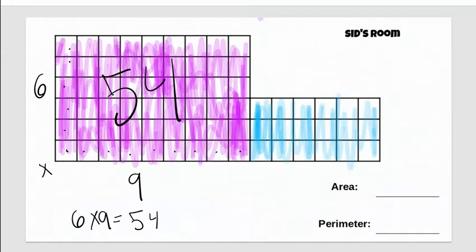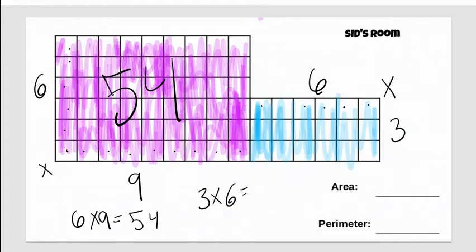Okay, and then the other section I've highlighted in blue has 3 rows with 6 in each row. So 3 rows of 6 is the same thing as 3 times 6.